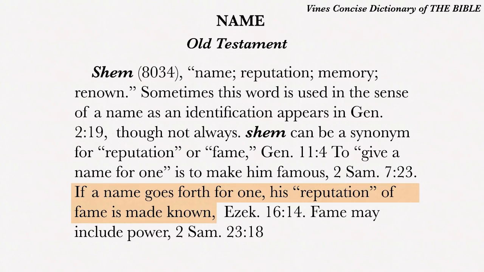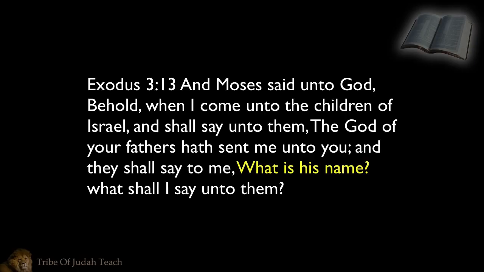When you see the word name in the scriptures, you have to understand the context of the verse in order to know if it's talking about a literal name or the reputation or fame of that person. Moses is not asking for a literal name in Exodus 3:13. He wanted to know how to respond to the children of Israel when they started asking him to prove that the Most High sent him.